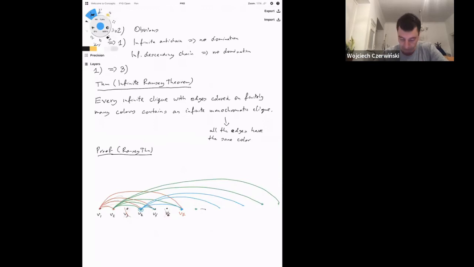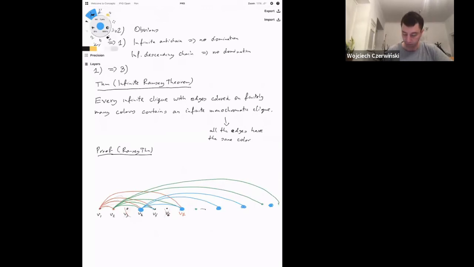Now every vertex has its color, like this vertex before. Its color is blue. It's connected with green to V2 and with red to V1, but with blue to everything to the right. Now there are infinitely many vertices, and everyone has a color coming from finitely many colors. So there needs to be a color such that there are infinitely many vertices of that color.